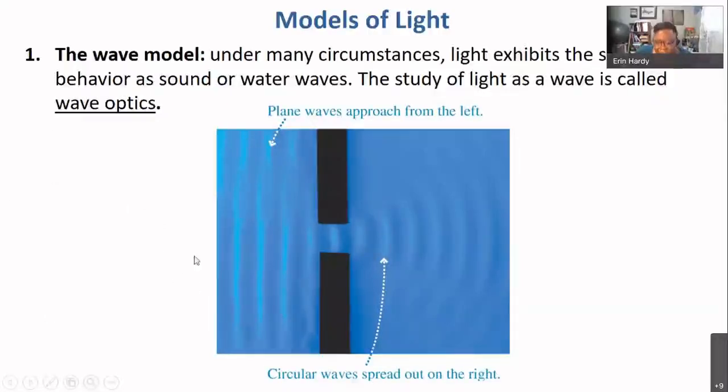So if our source is unshown, but it's here on the left-hand side and it's far enough away that the wave fronts that are approaching this little opening are essentially just straight lines as opposed to having curvature. Once this wave passes through the aperture, these wave fronts become distinctly circular. This is true for a large aperture, a small aperture, for high frequency plane waves being generated on the left or low frequency. And this is something that we can also relate to light waves.